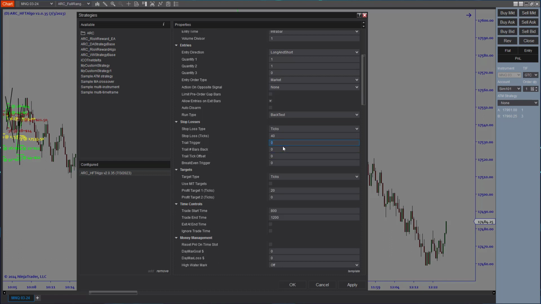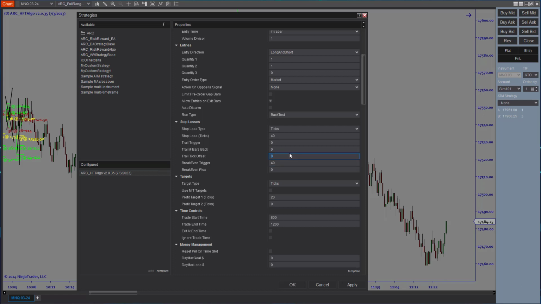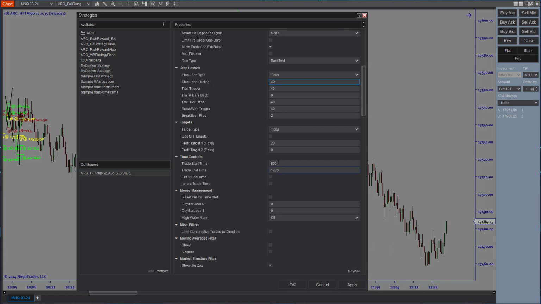So we'll put break-even trigger 40, trail tick offset, let's just do 40, break-even plus 2, and we're going to just trail, we'll just go 40 across the board.